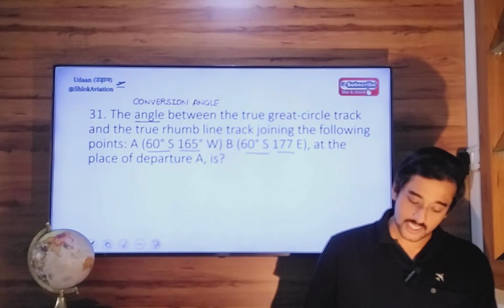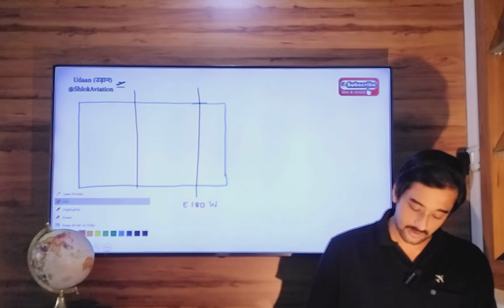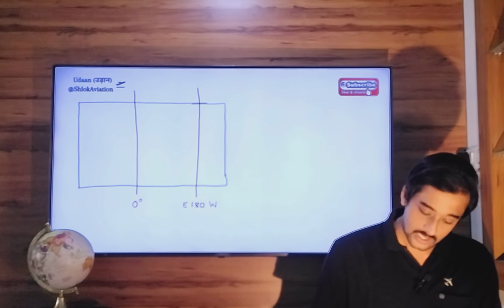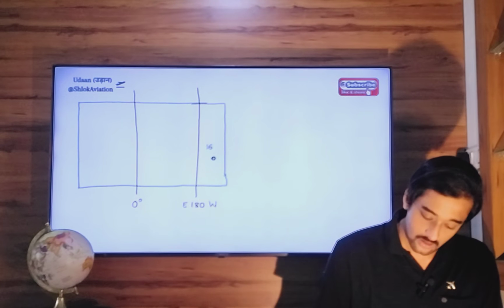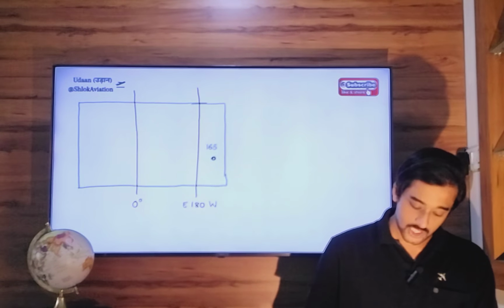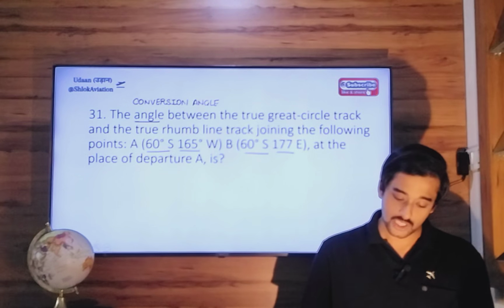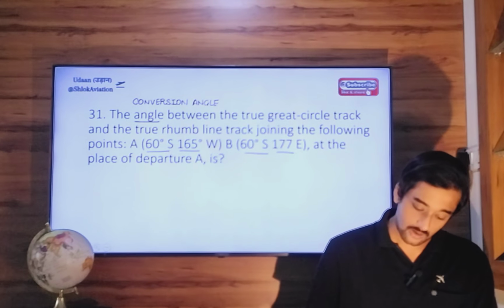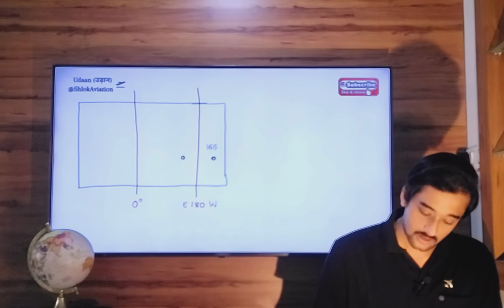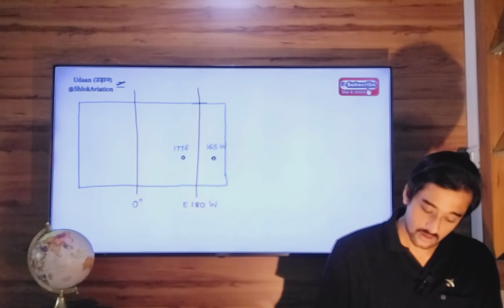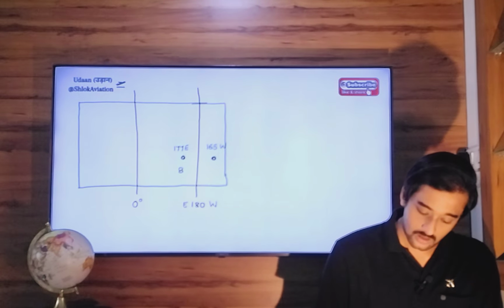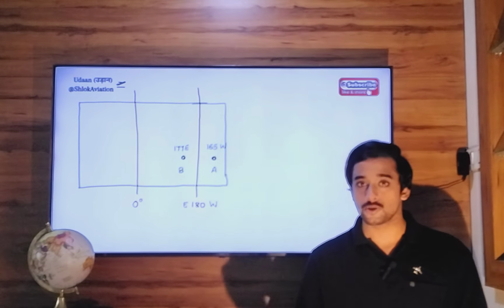Now position Alpha is in the western hemisphere, 165 west, and position Bravo is in the eastern hemisphere, 177 east. So these are the two positions.